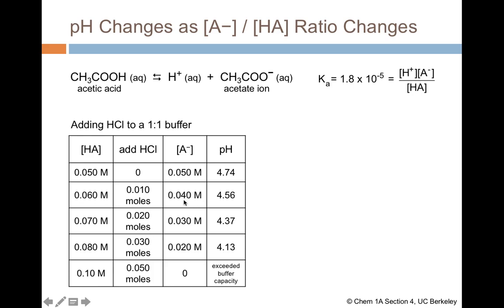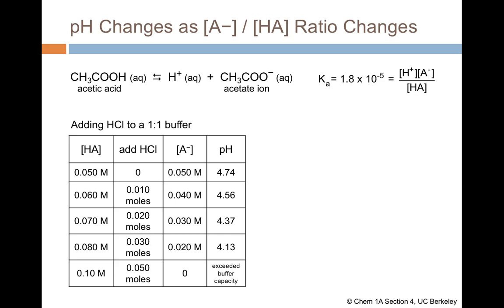If we substitute 0.06 molar in to our Ka expression for HA and 0.04 molar in as our A- concentration, then we can solve for H+, take the negative log, and find that the pH is a little bit lower, but not much.